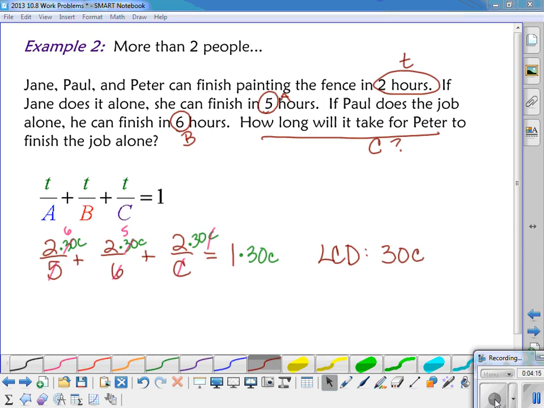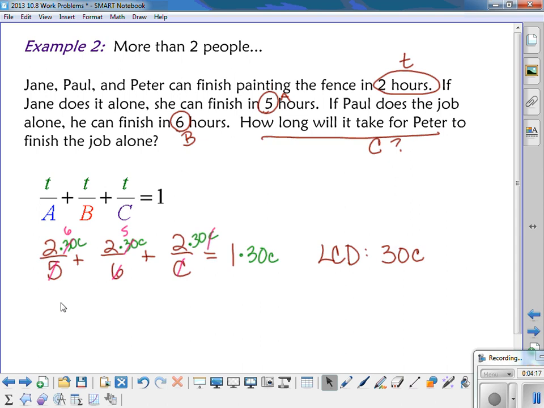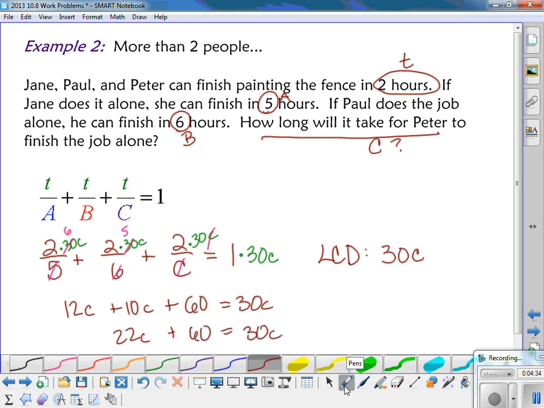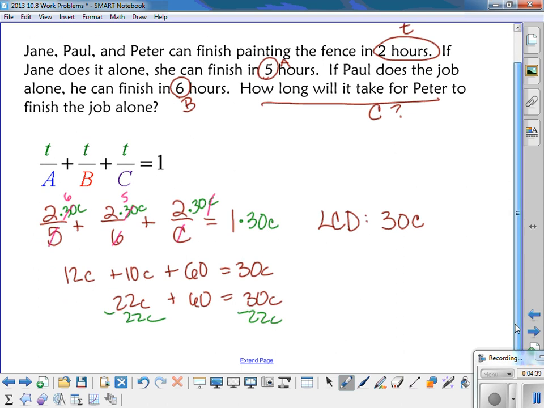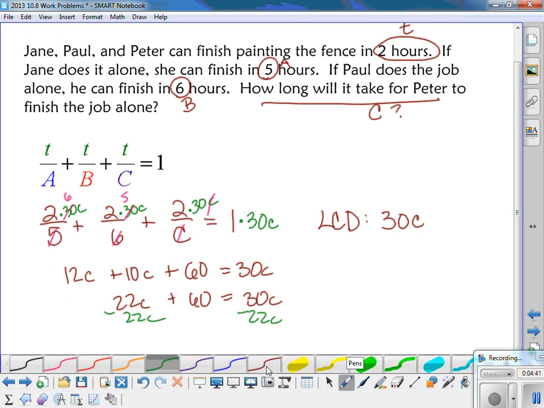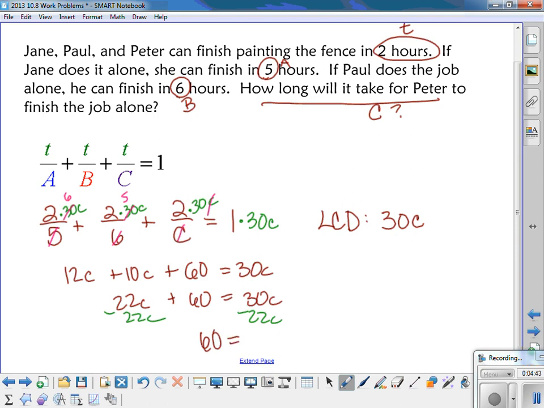So after you reduced it, you should have had 12C plus 10C plus 60 equals 30C. All right, and then you combine your like terms, so we have 22C plus 60 equals 30C. I subtract the 22C from both sides. And now I have that 60 is equal to 8C.